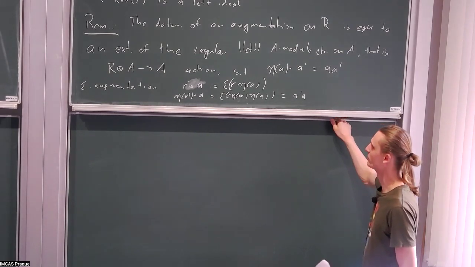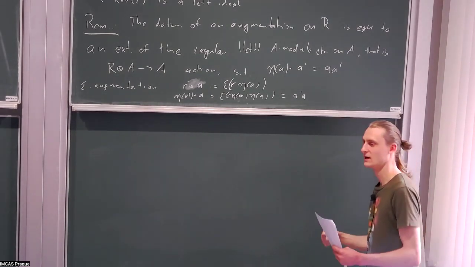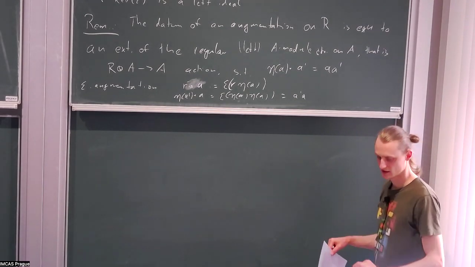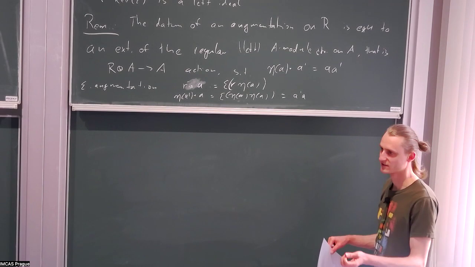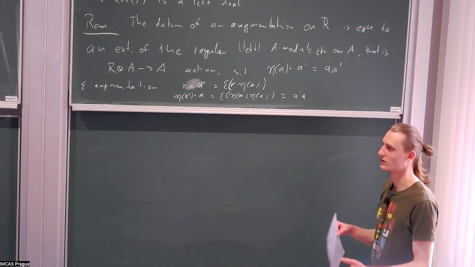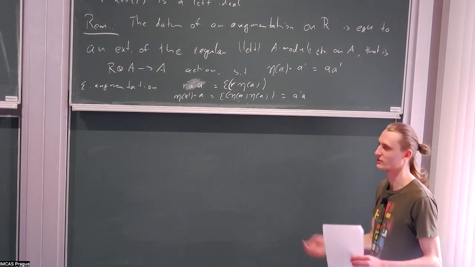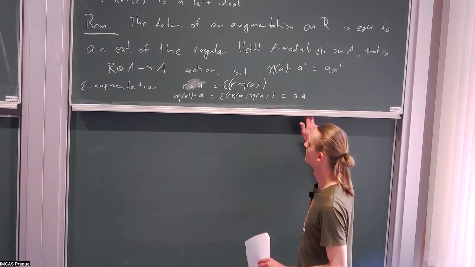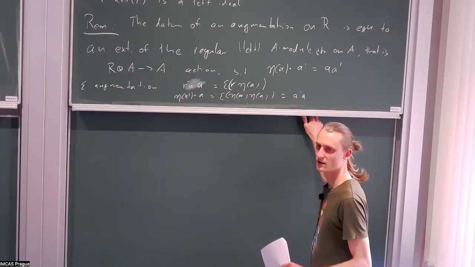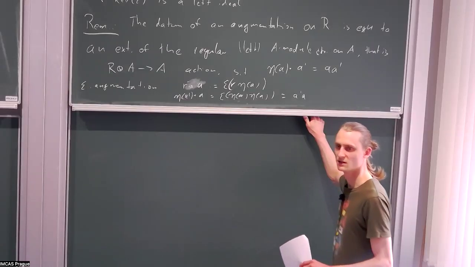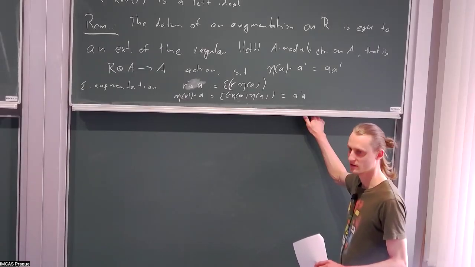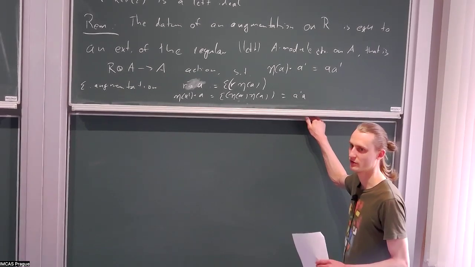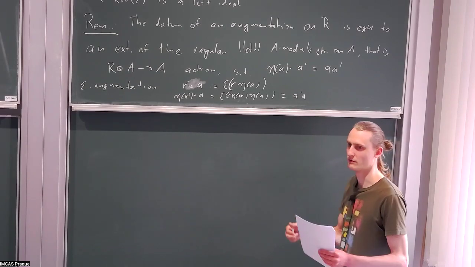It's a good question. This probably would be what one would define, but if you try to prove that this is an action, you will see it doesn't really work. I haven't thought about this computation in the preparation. Epsilon is just left A-linear, not right A-linear. In particular, it's not a morphism of algebras.